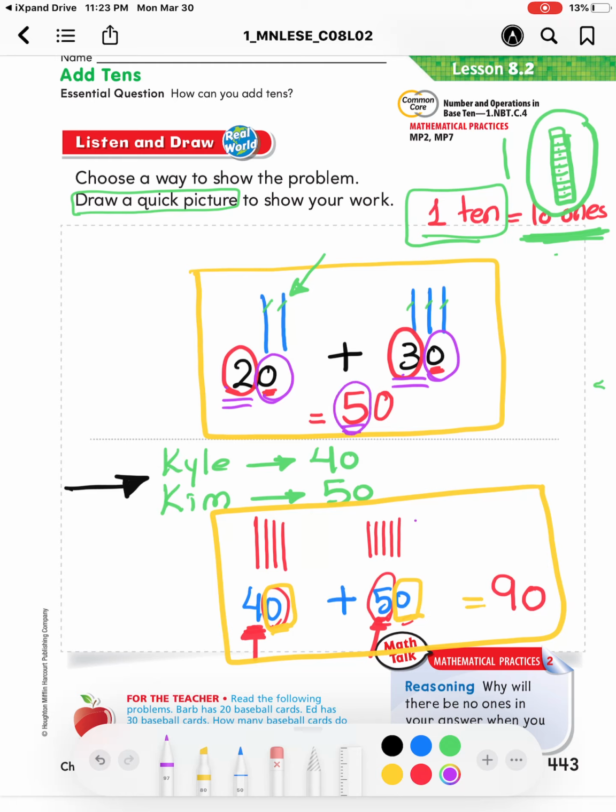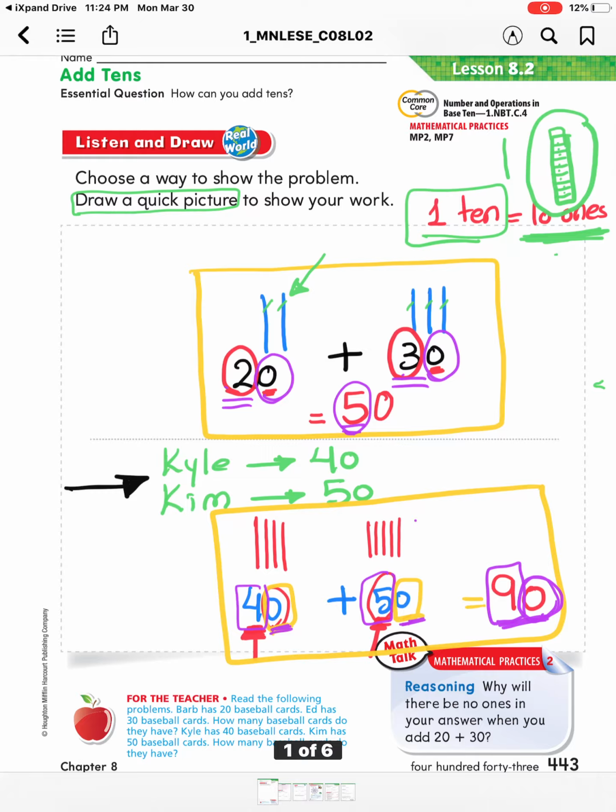And the ones is 0, so it's 50 because we have 5 tens. In the second question, here we have 0 in the ones, so we focus on the tens. So we have 4 tens plus 5 tens equals 9 tens. Okay, and don't forget the 0. Okay, now let's move to the next page.